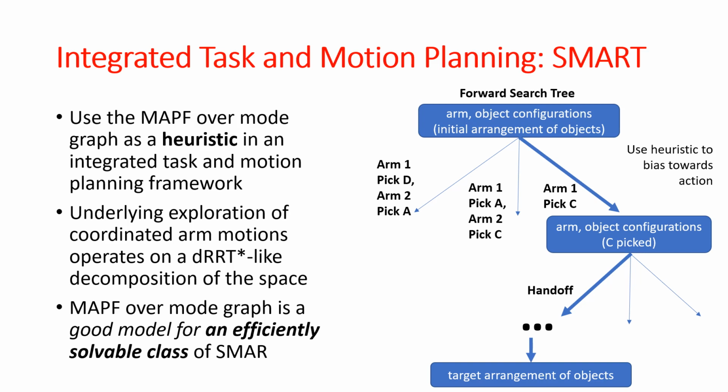So ultimately, in order to maintain completeness, it is possible that you would have to explore a sequence of actions that are not recommended by your multi-agent pathfinding, or in other words, the multi-agent pathfinding over the mode graph identifies an efficiently solvable class of synchronized multi-arm rearrangement problems, where the mapping between the two problem domains works and acts as an efficient guidance in this essentially complete search.